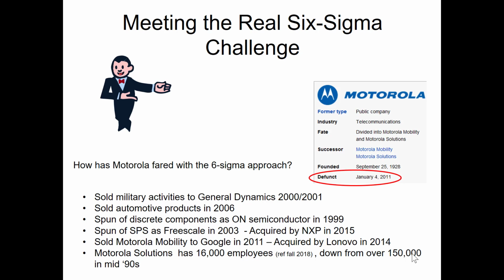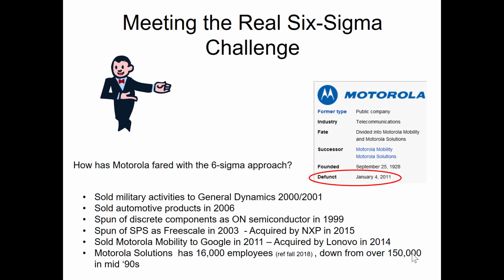They spun off the semiconductor products sector, which is where they made most of their ICs, as Freescale in 2003. It was acquired by NXP in 2015. They sold Motorola Mobility to Google in 2011. Google in turn sold it to Lenovo in 2014.